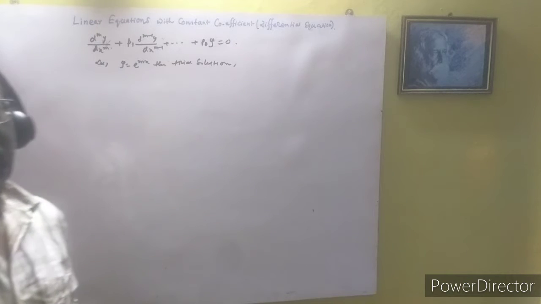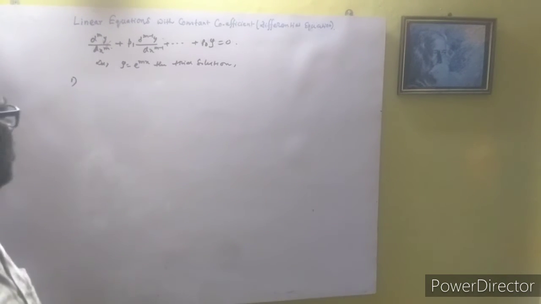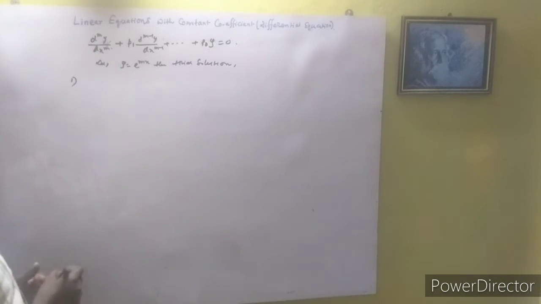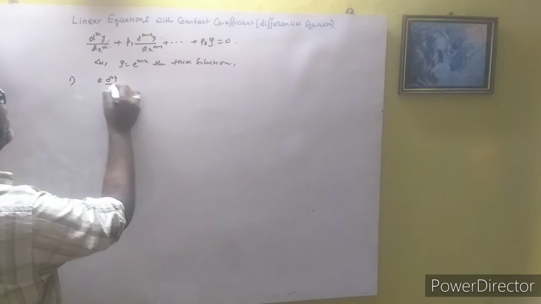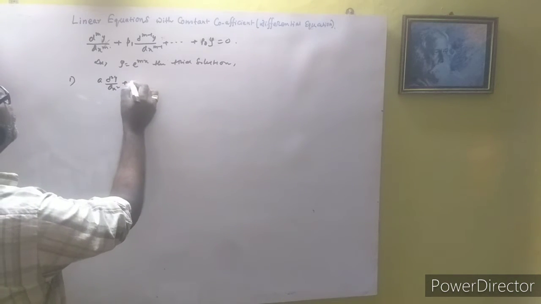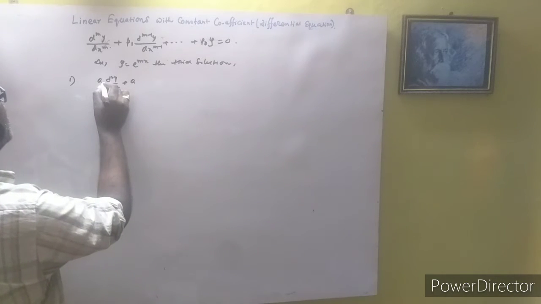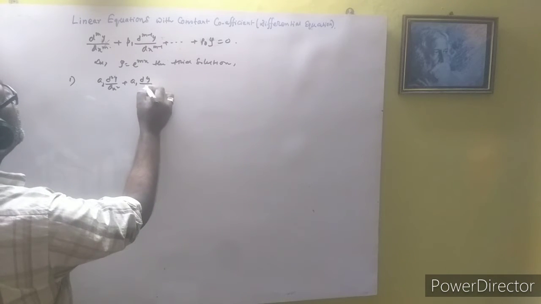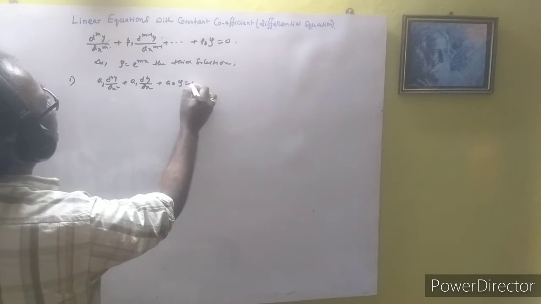For example, take a second order differential equation: a2 d2y/dx2 plus a1 dy/dx plus a naught y is equal to 0.